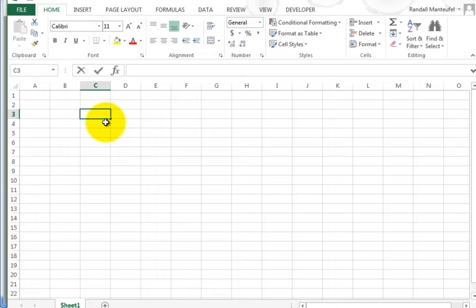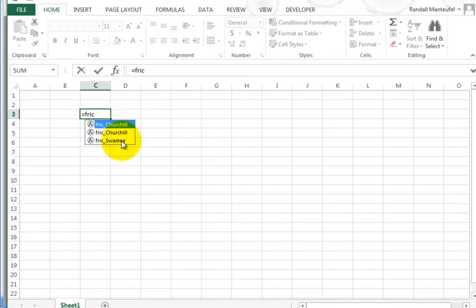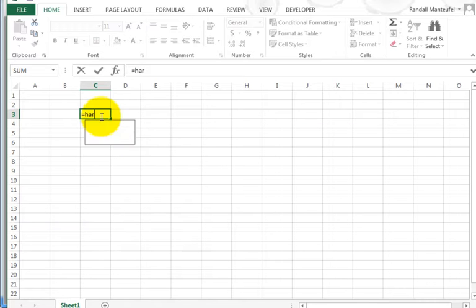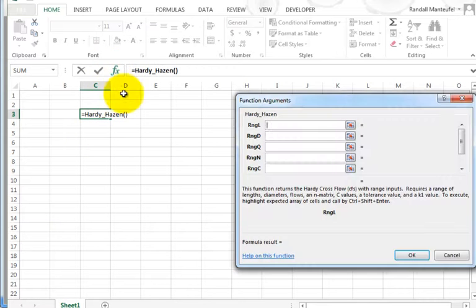So if I do the friction with the Churchill, I think I've shown that to you. That's where that comes from. There's another equation, Swamee. But you can also do Hardy Cross, the Hardy Cross with the Hazen-Williams, or the Hardy Cross with the Darcy-Weisbach. So let's do this one right here, hit tab, and then go to the help.